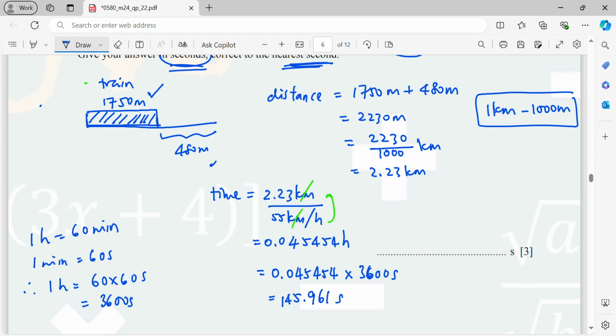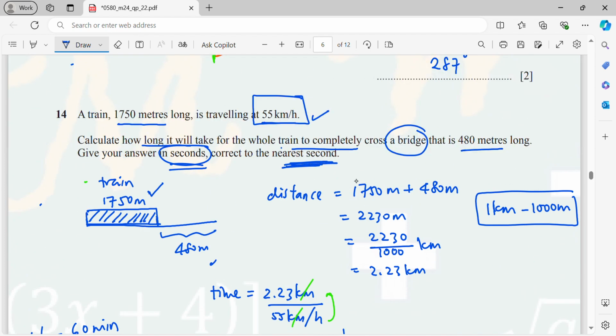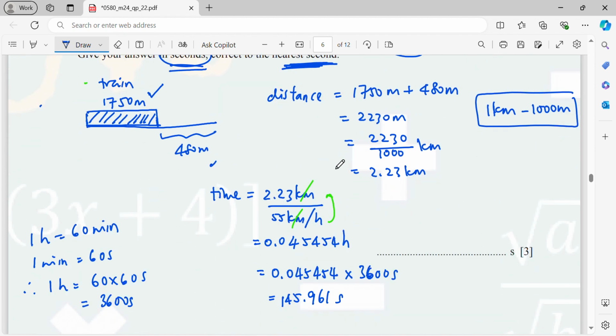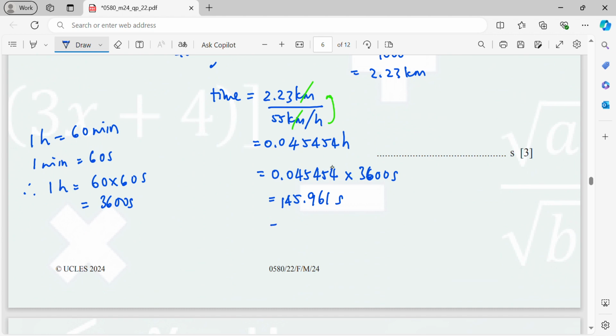Then this will be 145.961 seconds. And now the question says nearest second, means that now we have to round up. So make sure there's no decimal. So since the value after the decimal point is 9, we have to round up. Therefore it will be rounded to 146 seconds.